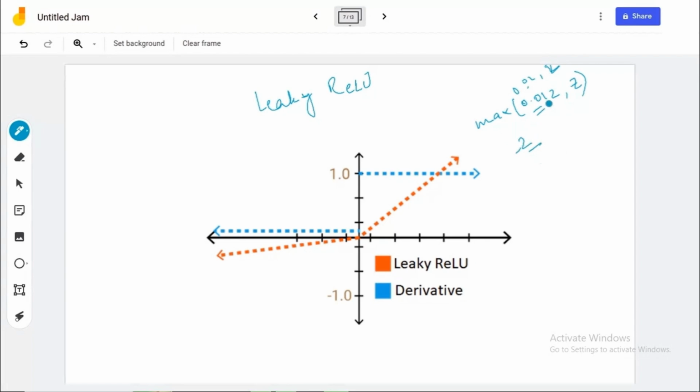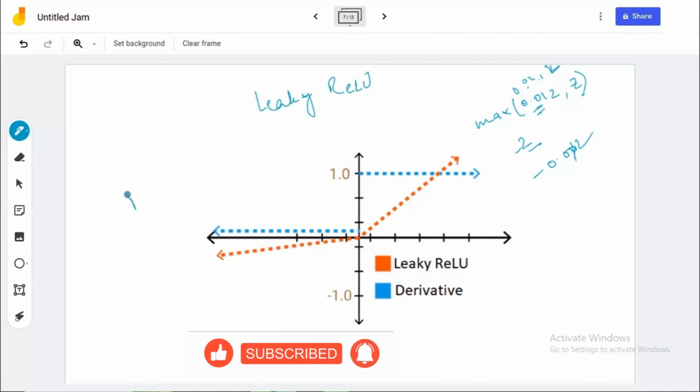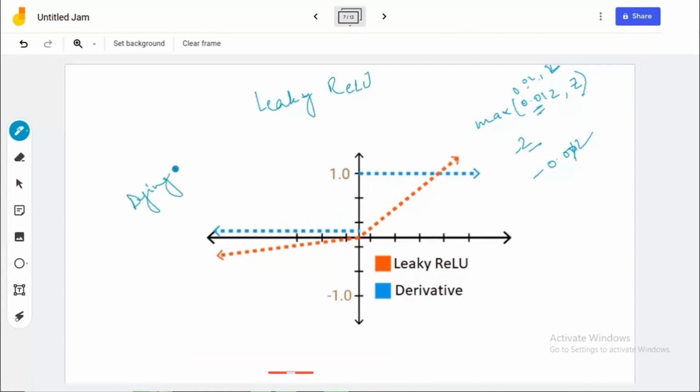For a negative value, the maximum of -2 or -0.02, you get -0.02. So it tried to eliminate the problem of dying neurons or dying ReLU using this function.